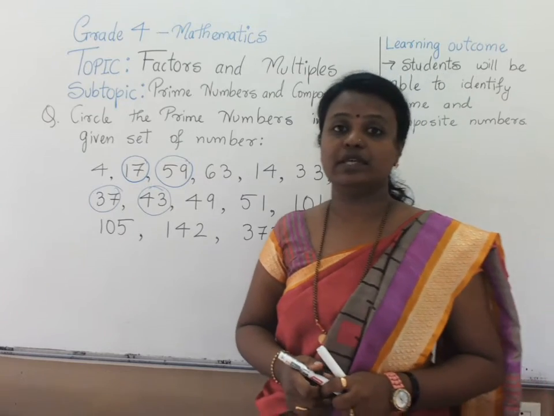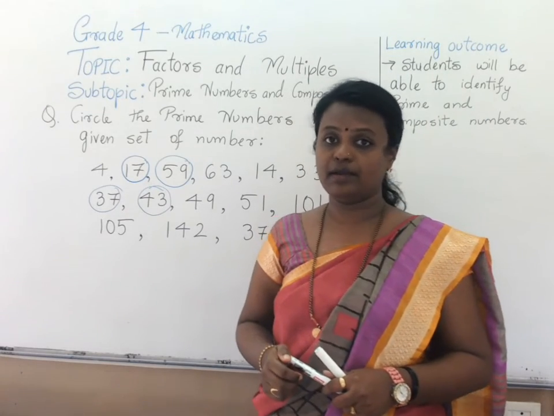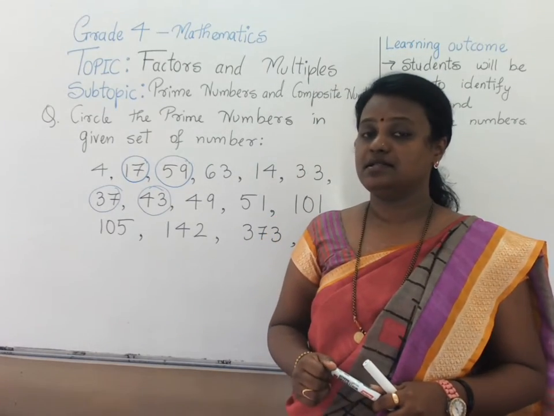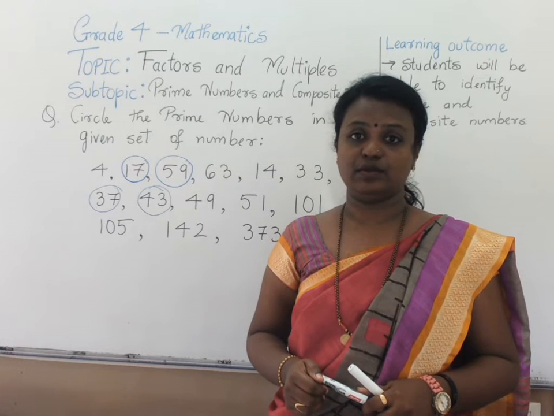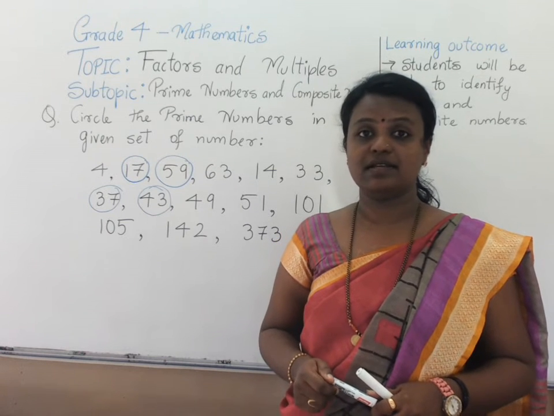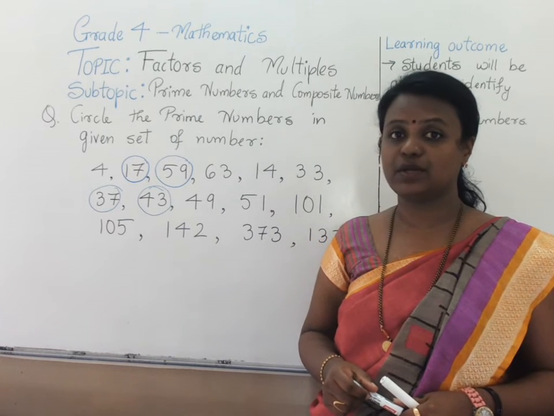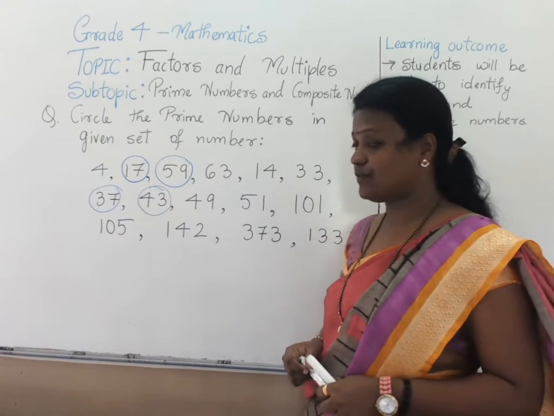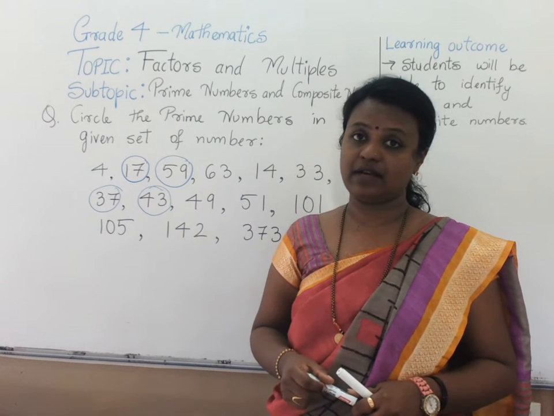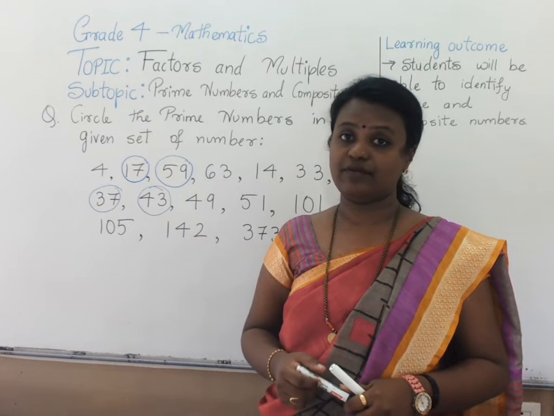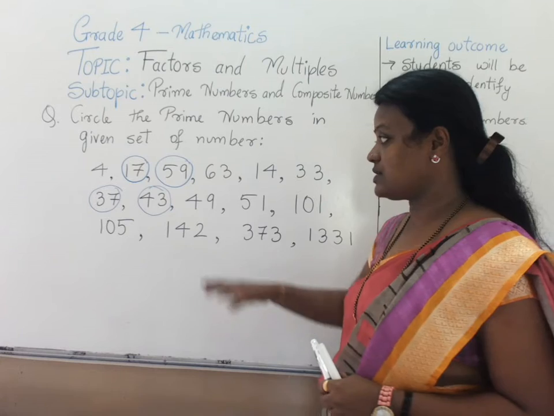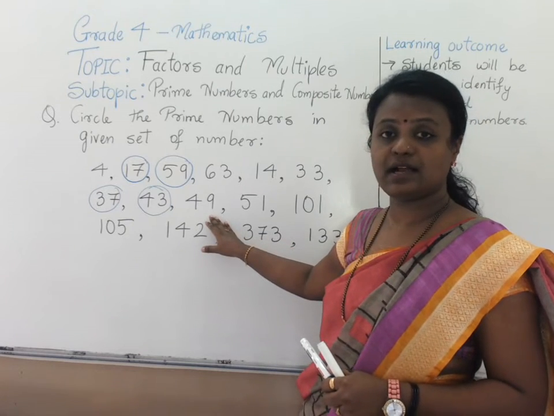It is an odd number, but check all the possibilities. You note that 7 sevens are 49. So there are more than 2 factors. The factors of 49 are 1, 7 and 49. So you would not circle 49 since this is a composite number.